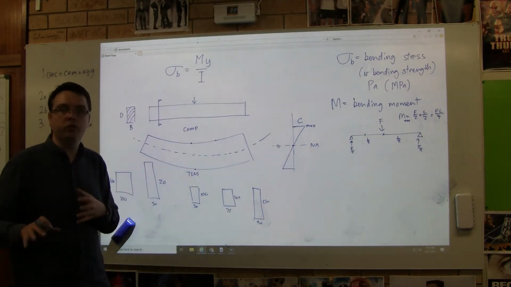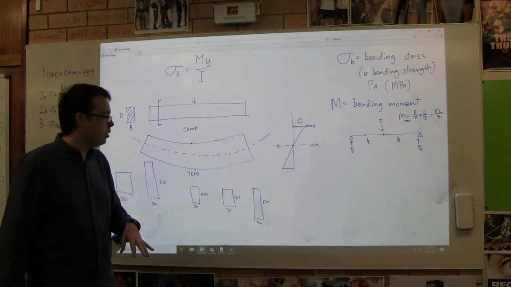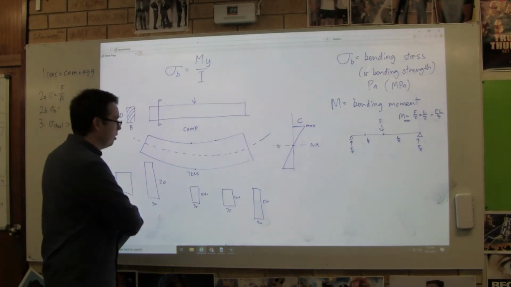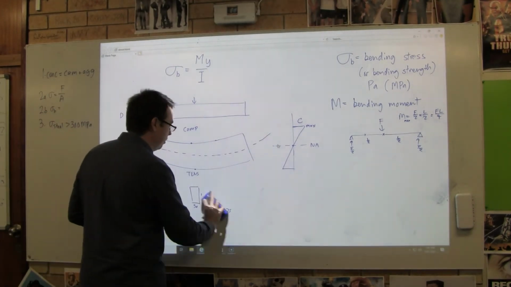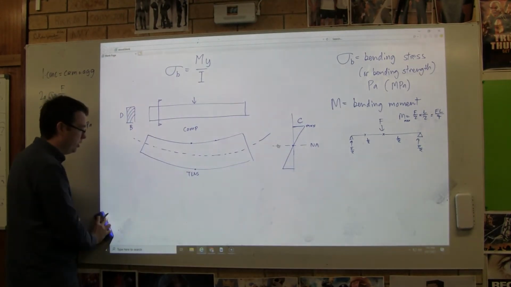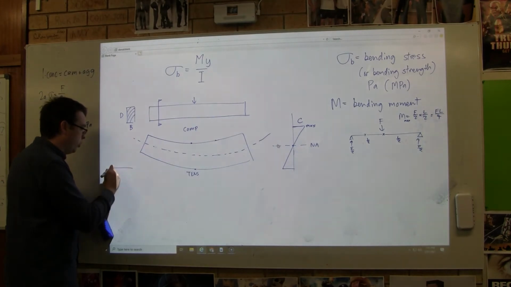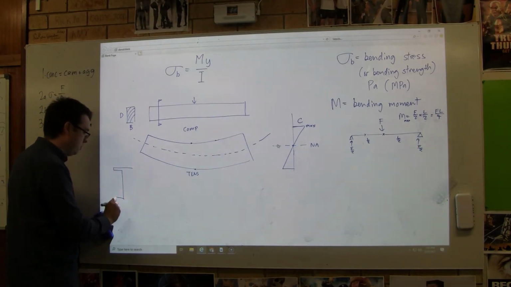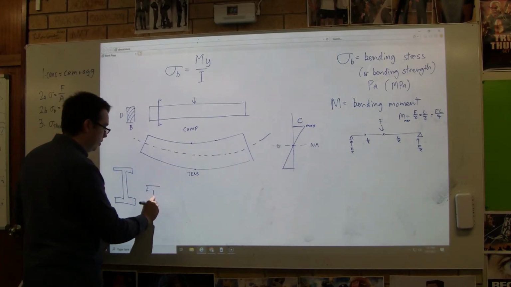There are reasons why you might not want to do that. Generally, if we're buying steel, what we often do, if we're buying really high strength steel, is we buy what we call universal beams, which look like this, or universal columns.